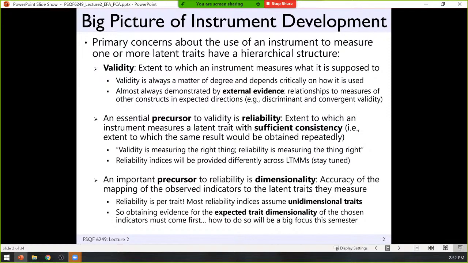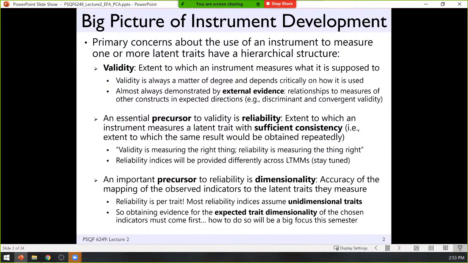If I have a medium score on a trait, and the trait is actually measuring two things, I could get a medium score by being sort of mediocre on both, or I could be low on one and high on the other, and they balance each other out and they create a medium score. Right? The meaning of that score is predicated on the idea that it's measuring a thing. So the extent to which it's measuring one thing is an assessment of dimensionality.